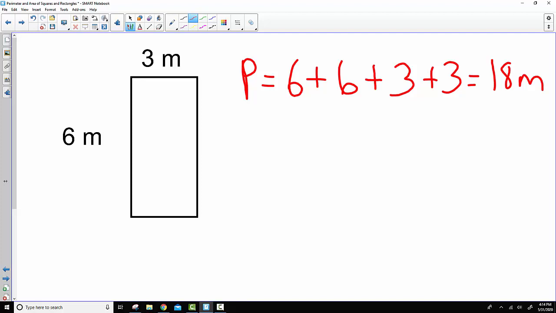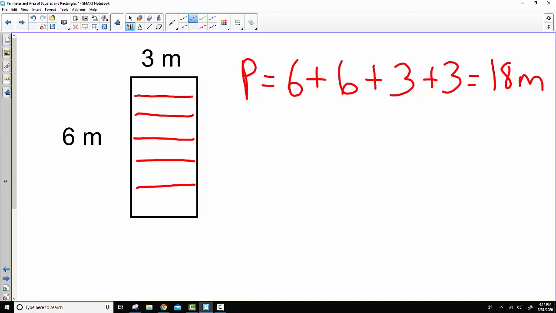The next thought is, what is the area? We need to find how many square units are inside this figure, the area. So our left-hand side says 6. So we know we have to create 6 units of measure horizontally.